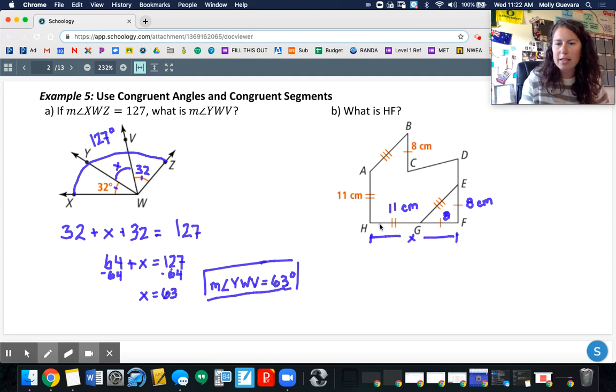Just looking at this now, if I know that H to G is 11 and G to F is 8, I can just add those together. So the distance from H to F, so HF, is 11 plus 8.